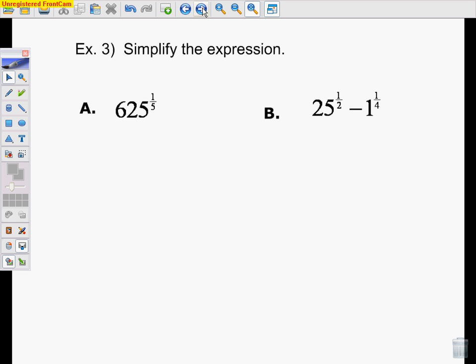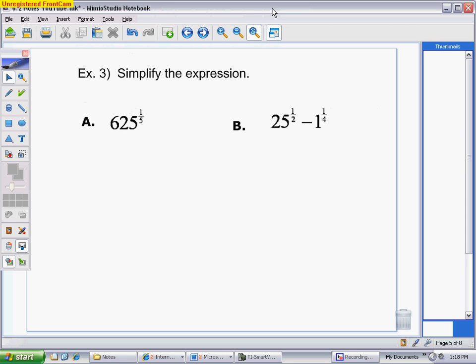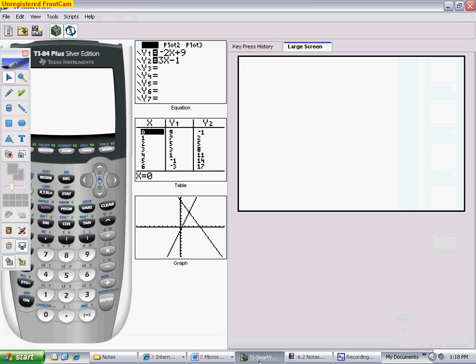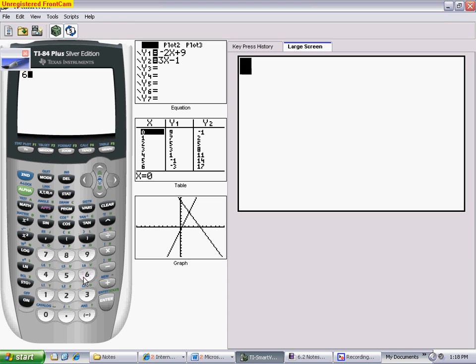Okay? All right. So here we're going to simplify the expressions. 625 to the 1/5 power. Now, just so that you know how to type this in your calculator, let's bring that up. Depending on what calculator you have, you might do things differently. On these graphing calculators, you hit the caret key, and I generally put my exponent in parentheses.